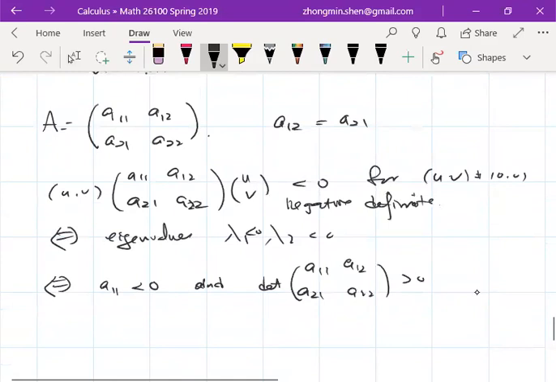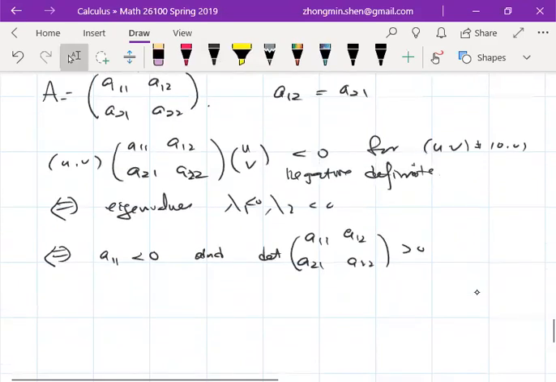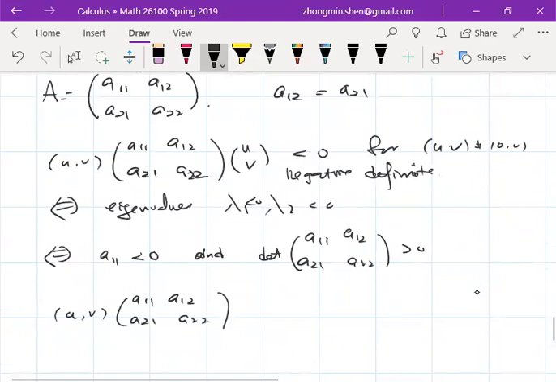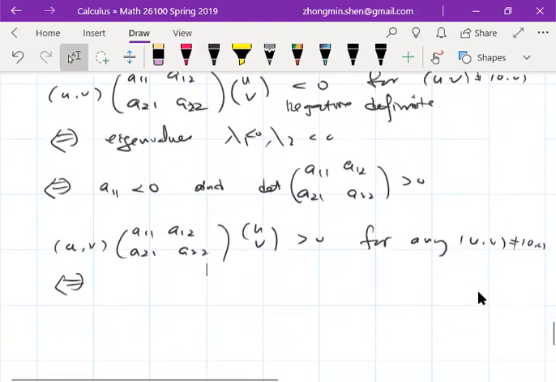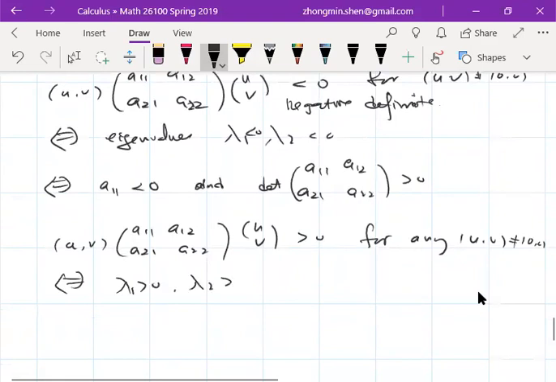If and only if you can find the eigenvalues, given a 2 by 2 matrix. Now, positive definite means, for the matrix A11, A12, A21, A22, for any u v not equal to 0, you just need to make sure all the eigenvalues are positive.